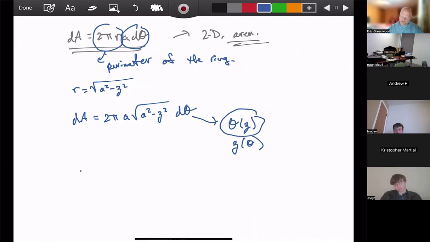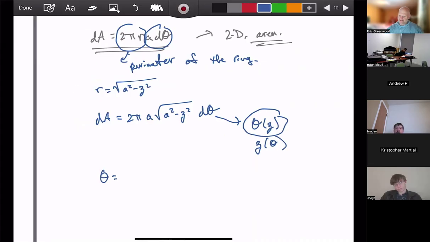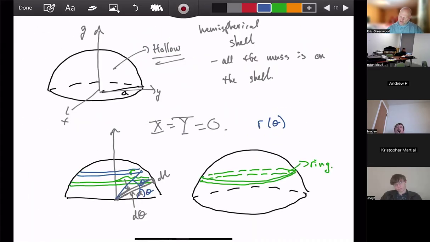So first of all, let's write theta as a function of z. The easiest way to do that is going back to my original picture. I'm going to draw this here. We know this is a, this is z, and this is r. And then this is my angle theta.